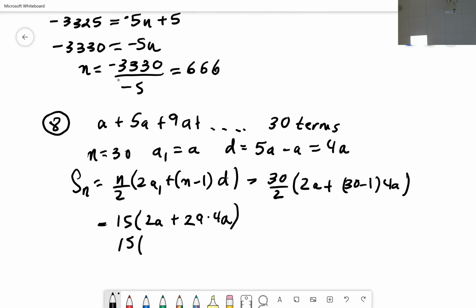So 15 times twice a plus 116a, 15 times 118a. And then we just take 118a and multiply it times 15 and get 1,770a. And that is the sum.